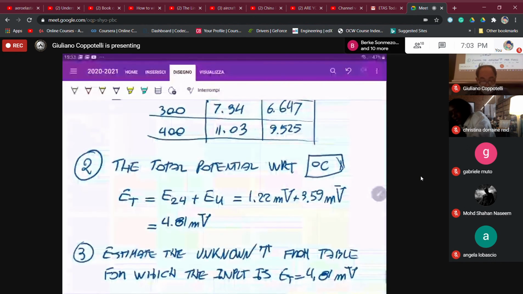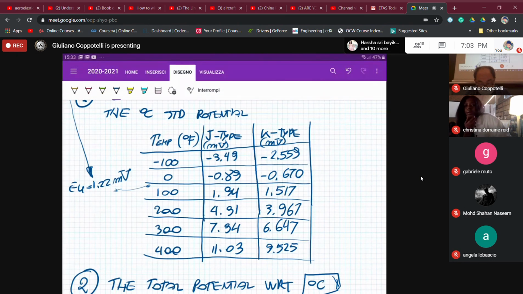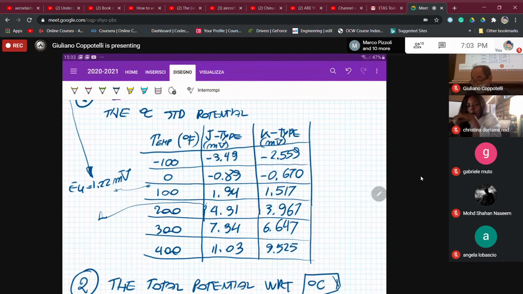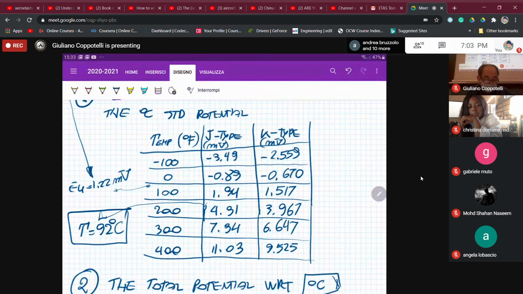If you go back to the table, we got 480 and something, so you are here, and you are having that potential equal to 4.81 millivolts, corresponding to a temperature of about 92 degrees Celsius. That is not Fahrenheit in this case. Remember, the table is reported in Fahrenheit, to make things a little bit more complicated from your point of view, but the working principle is this one.